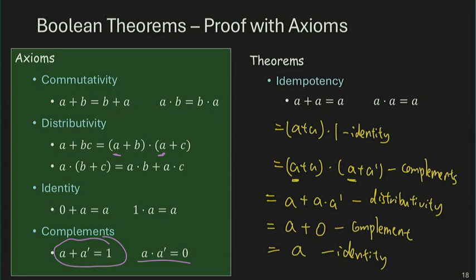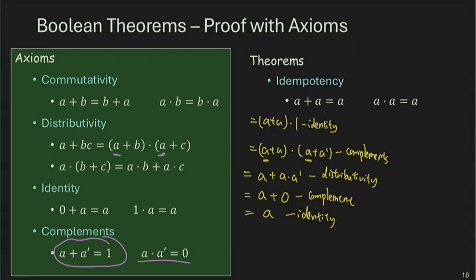So I'm going to move it a little bit out of my way so that I can write the other proof. So the other proof, A dot A equals A, you can just follow pretty much the same procedure, but shuffle the AND and OR, and then switch 0 and 1. So you could say, well, A dot A is the same as A dot A plus 0, which is the same as A dot A plus A dot A prime, which is A times A plus A prime by distributivity.